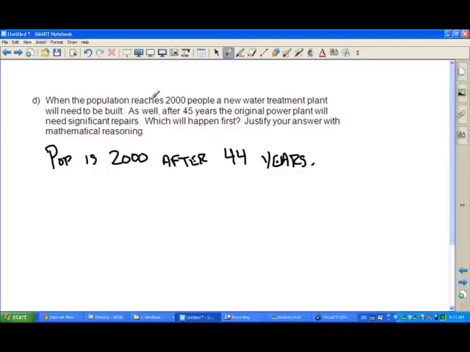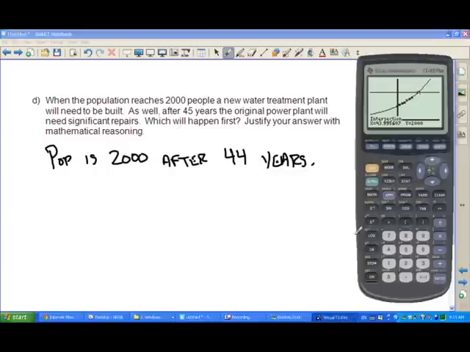So already we know that they need a new water treatment plant first. Just to show you, I could figure out what the population will be after 45 years. So let's do second function, trace, and then there's this command value.